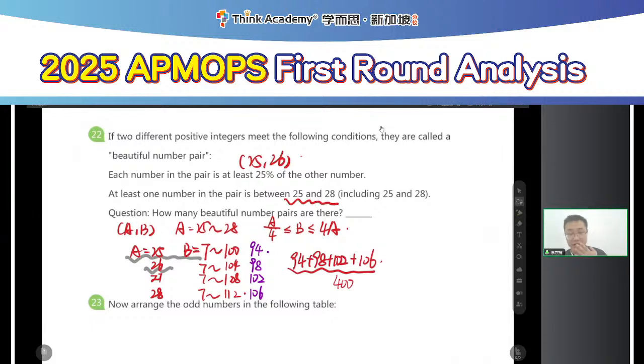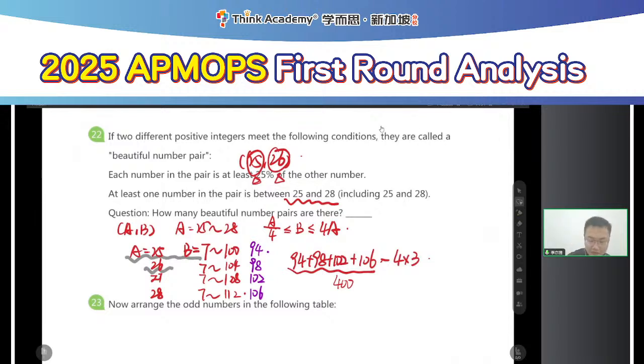So how many such pairs are there? These pairs are all made by one number starting from 25 to 28, and another number from the same range. So it's minus 4 times 3. So why don't we minus 4 times 4?